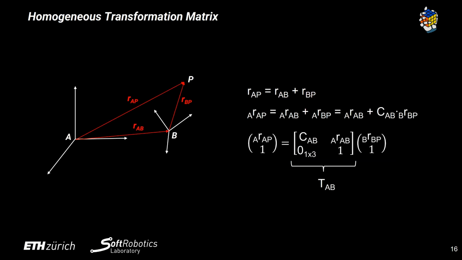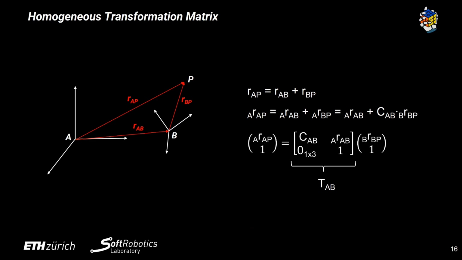One thing often used in calculating kinematics is the homogeneous transformation matrix. It is denoted with the capital T. It contains both the translation and rotational changes from one joint to the other. Here in this example, the translational change would be the vector R_AB represented in the frame A, and the rotational change would then be the rotational matrix C_AB.